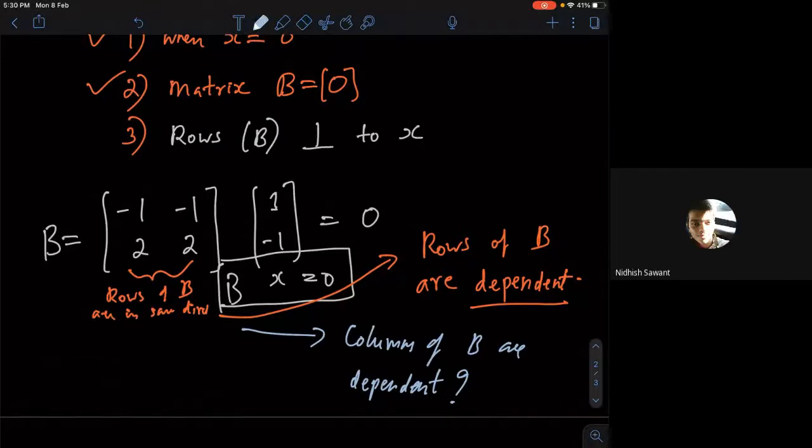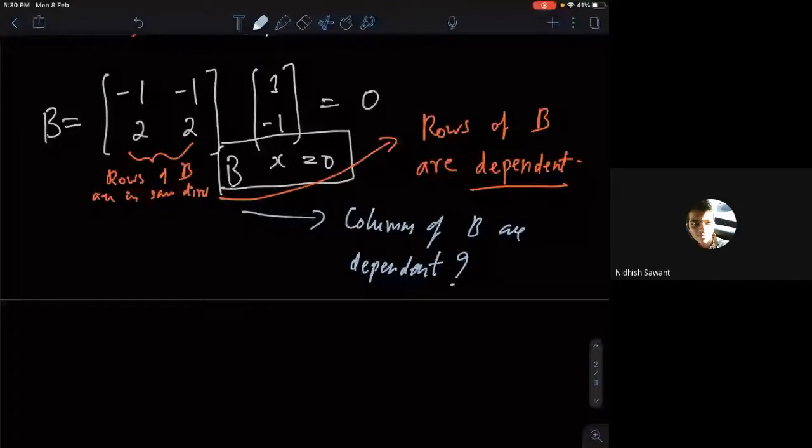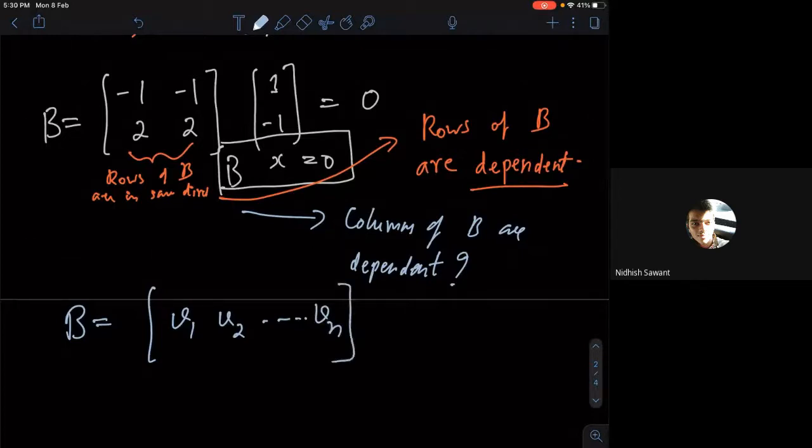It means that you can find a combination of the values in the vector x such that if we take the linear combination of the columns of B, then we'll get 0. So let me write the columns of B as V1, V2 up to Vn. Someone is telling me that the columns of B are dependent. What does that mean?